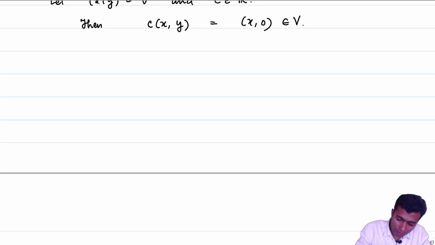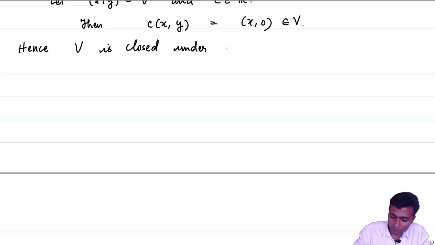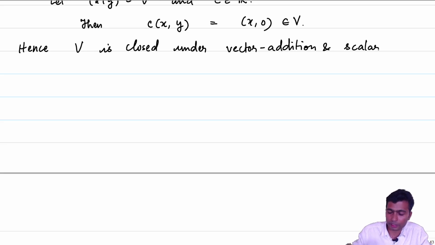So hence V is closed under both vector addition and scalar multiplication. We take two vectors and look at the vector addition, which gives you back a vector in V. If you take two elements in V and look at the addition component wise, it gives back an element in V, and therefore it's closed under vector addition.